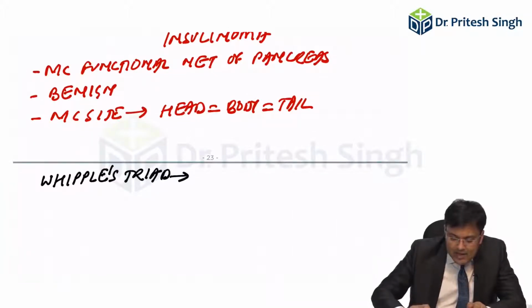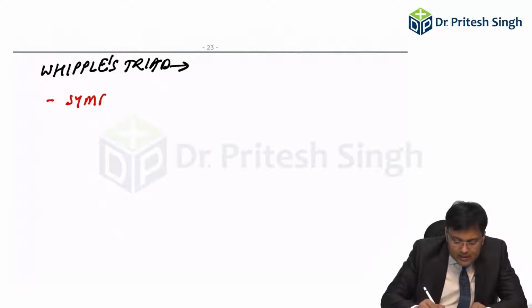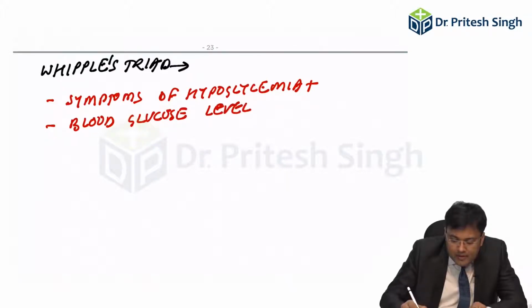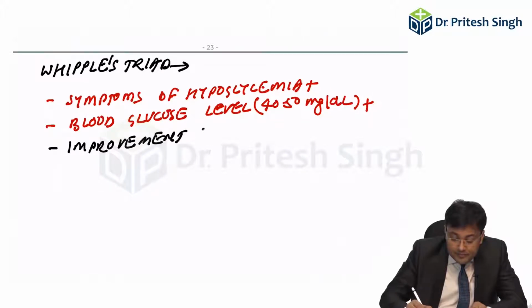It is characterized by a triad known as Whipple's triad, that is, symptoms of hypoglycemia, plus blood glucose level 40 to 50 milligram per deciliter, plus improvement in symptoms after taking oral glucose.